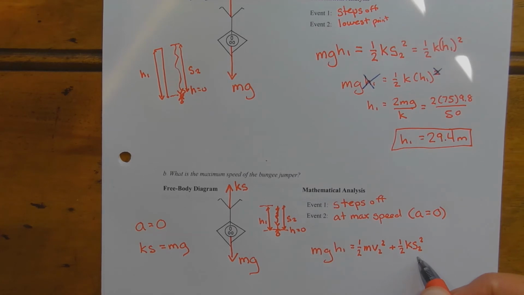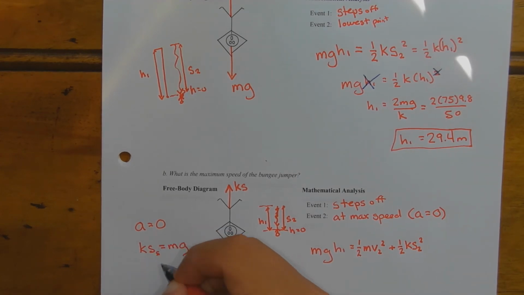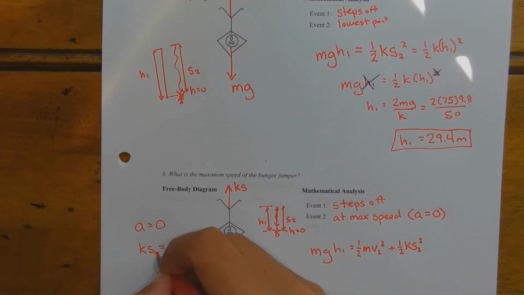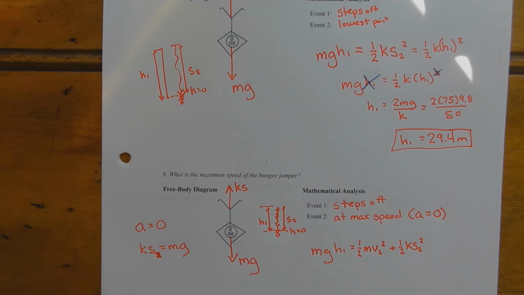I have too many unknowns in this relationship to be able to solve it the way it is now, but I know that ks2 is equal to m times g, therefore s2 is equal to mg divided by k.